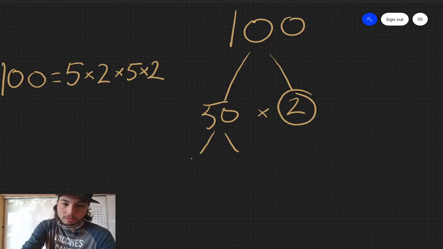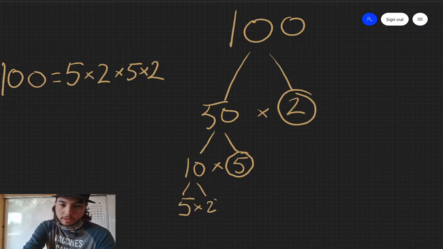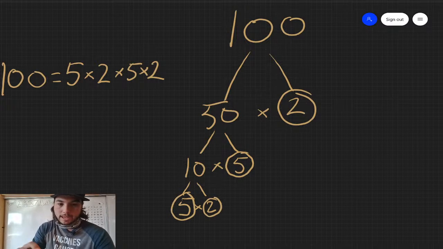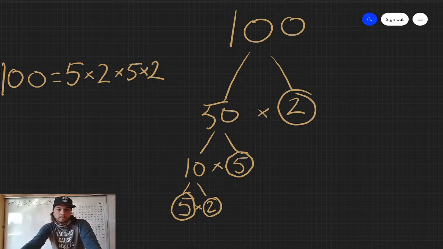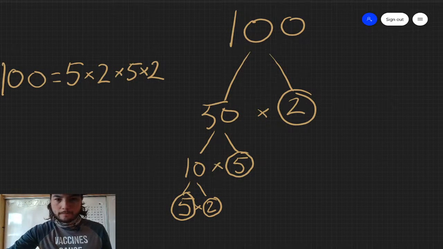Let's use 10 times 5. Remember, circle the primes and those branches have ended, and then factor out the composite numbers again. 10 equals 5 times 2, and they're both prime. So again, any way you slice it, you end up with 5 times 2 times 5 times 2 equals 100. Pretty fascinating stuff. Let's try 2 more real quick.